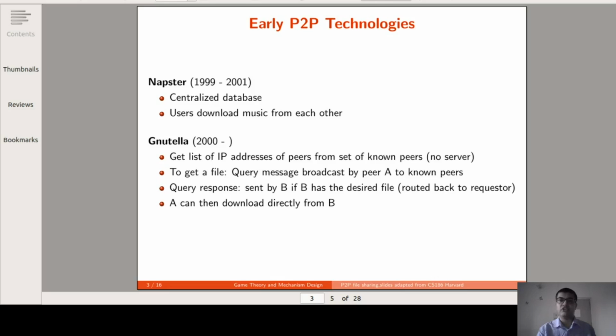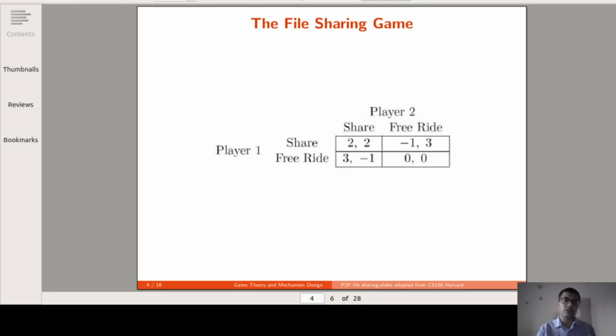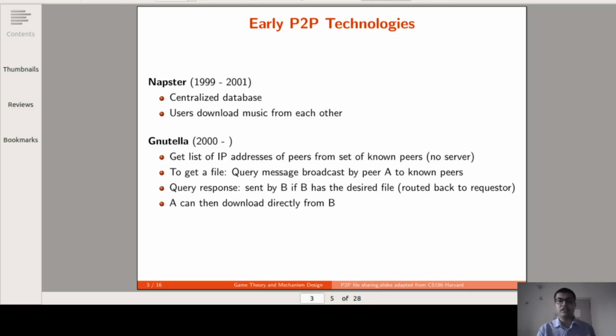It will be routed back to the requester, and then A can directly download that content from B. So this is the Gnutella framework. Here the whole file is downloaded in one go. The whole point of this exercise is to find out who has that file, and then the protocol will directly download the whole file from that peer.